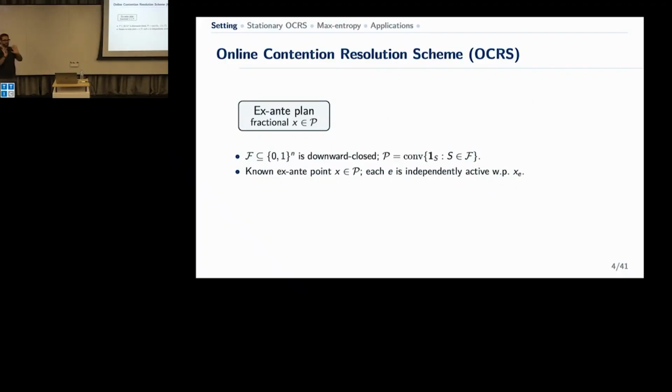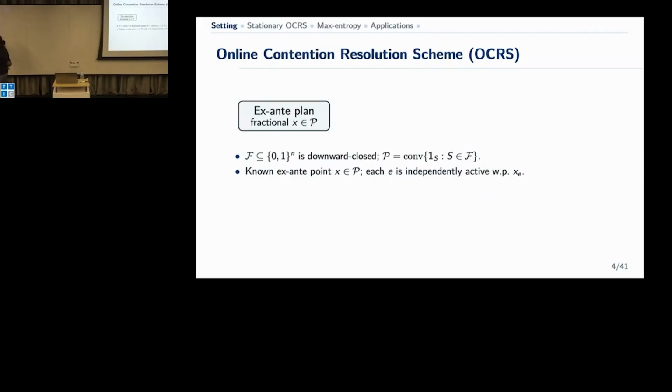Right? So let me try to formalize this in a particular context. Imagine this algorithm is eventually trying to pick a subset. Let's say I have n different elements, and then I'm going to define a family of subsets of the ground set, a subset of {0,1}^n. Let's call it F. Imagine this is a downward-closed family, meaning that if a set is feasible, then everything that is a subset of that set is also feasible.